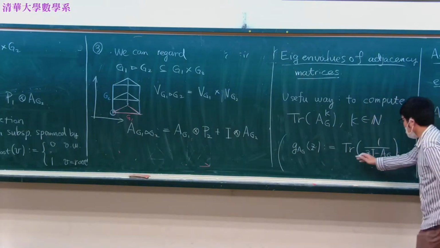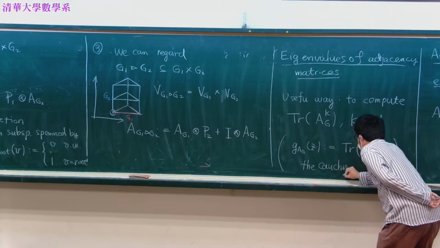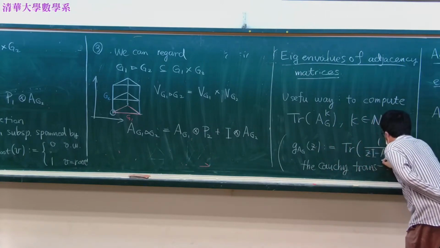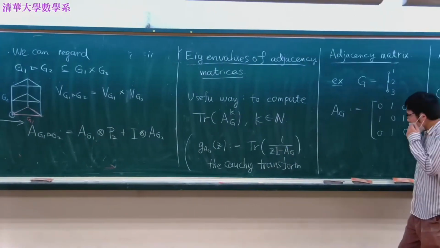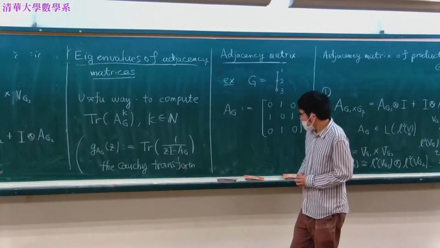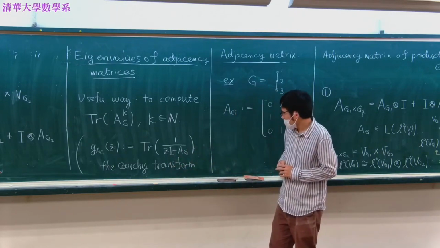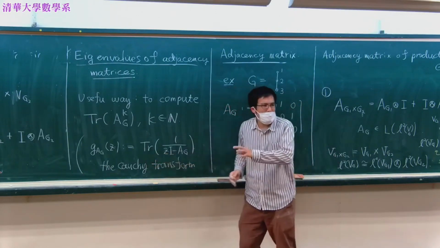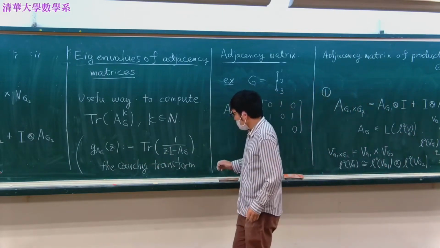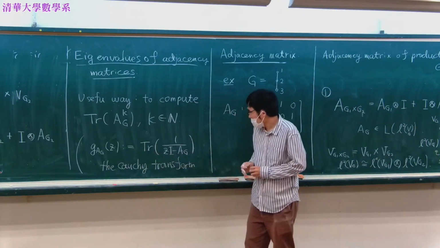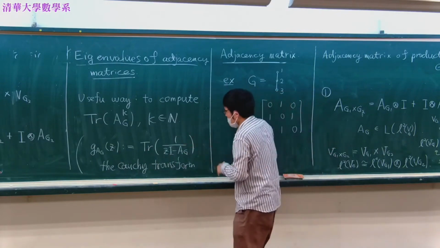In our joint work, we call this function the Cauchy transform. I'm not quite sure if this terminology is the best one. So if you have some suggestion for the terminologies, please tell me during the talk or later. So for now, if there is no objection, let me call this the Cauchy transform of G or AG.